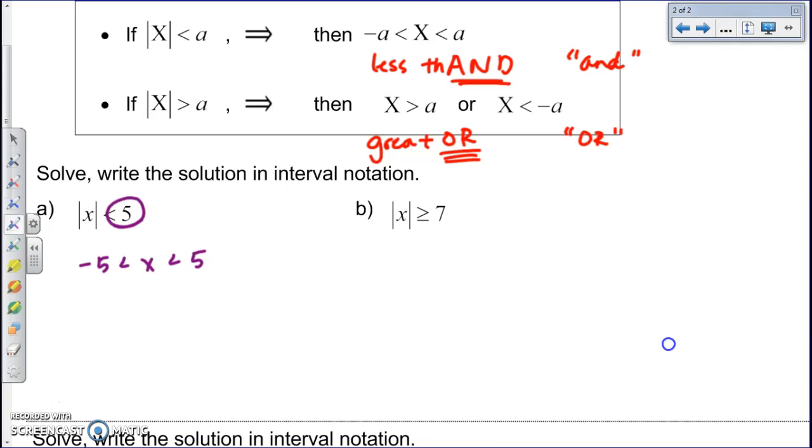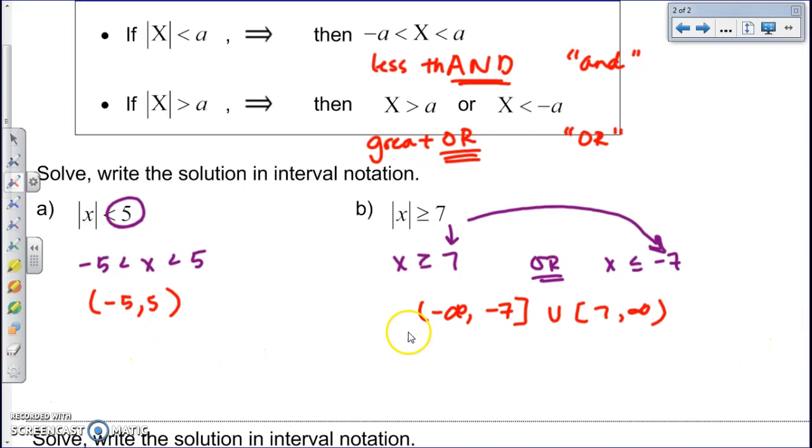If it's greater than or equal to, then x is going to be greater than or equal to the given number, or less than or equal to the negative number. And of course, you must write your answer in interval notation. So take a moment to pause this video and write these answers in interval notation.